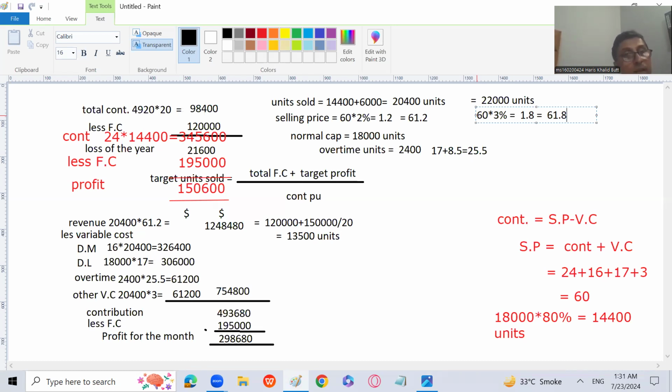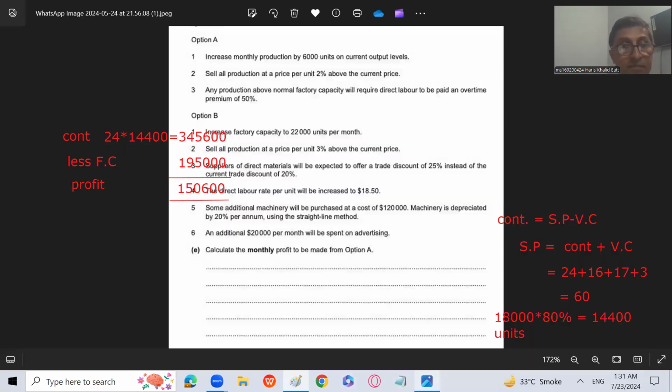So in option 2, we are selling 22,000 units, and the selling price is going to be 61.8, right? So let's see how other changes have come in the question. Suppliers of direct material will be expected to offer a trade discount of 25% instead of the current trade discount of 20%.